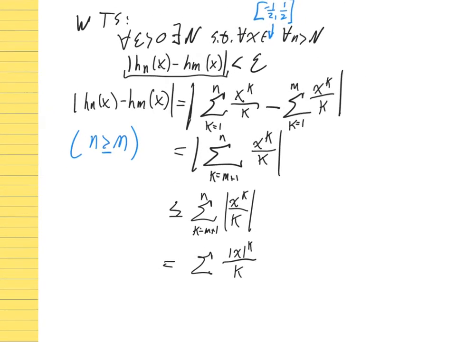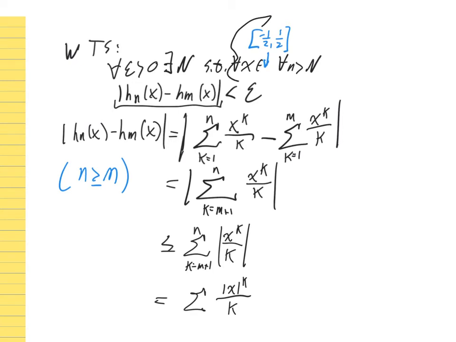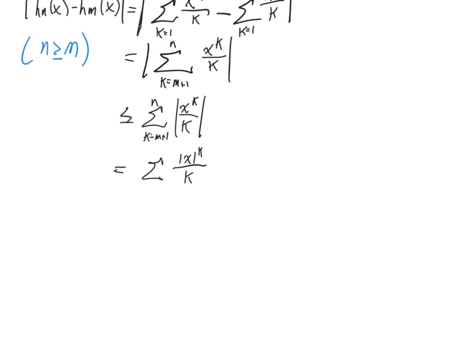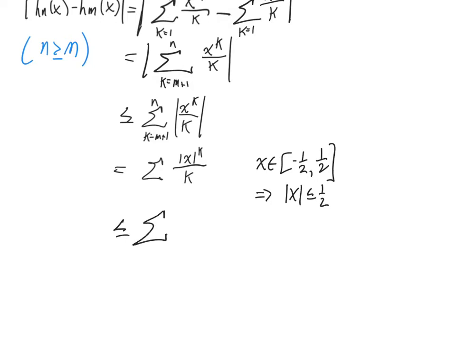And now, check this out. I know that x is in between negative 1/2 and 1/2. So let's use that. That means this quantity will be less than or equal to the sum of a bunch of things that look like 1/2 to the k divided by k.